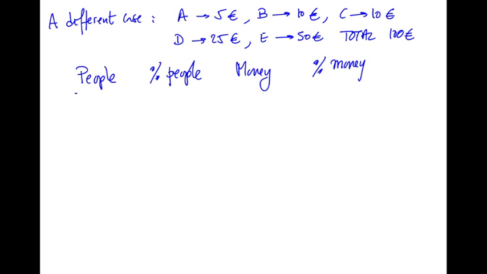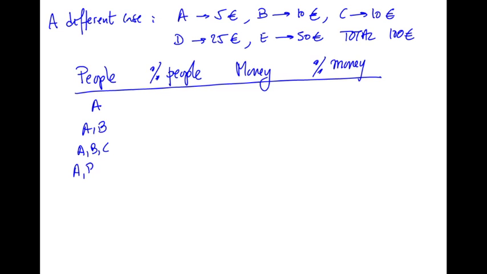The table is as before, but the figures are different. On the first we have one person, 2, and fill in everything. You can do it on paper at the same time I'm doing it on the video, and here all of them. First person has 0.2 percentage as before.